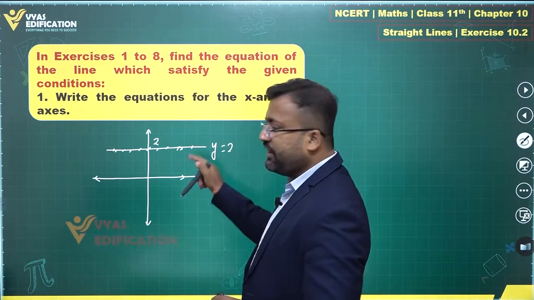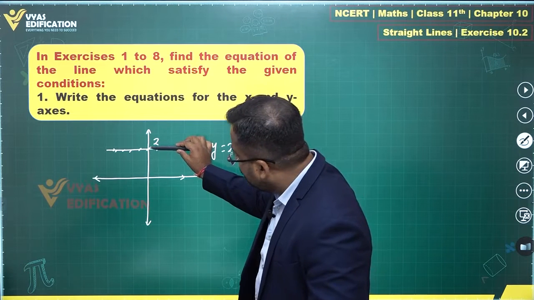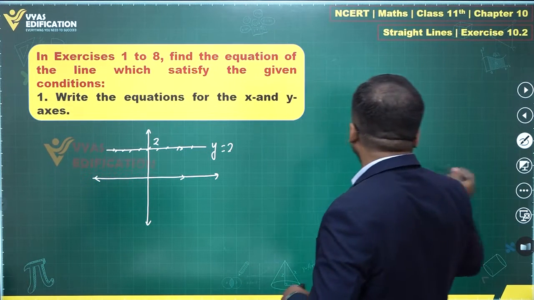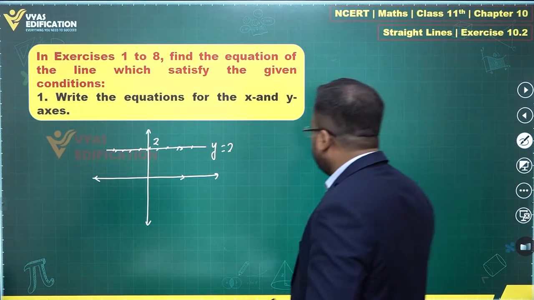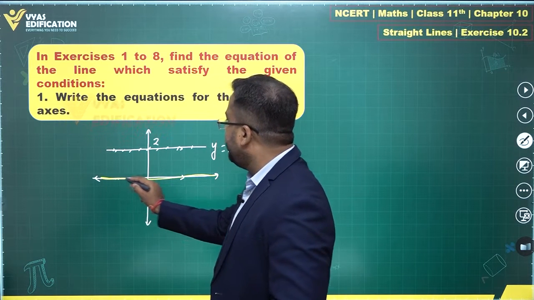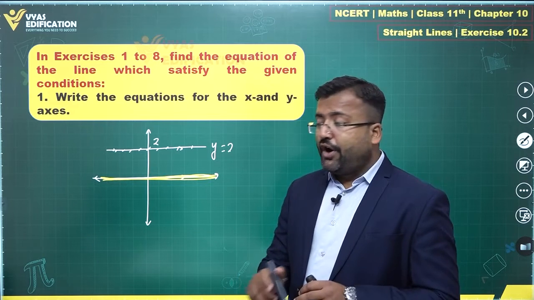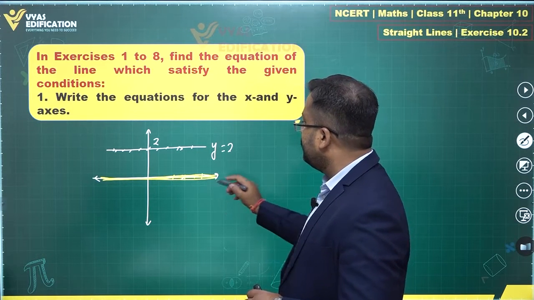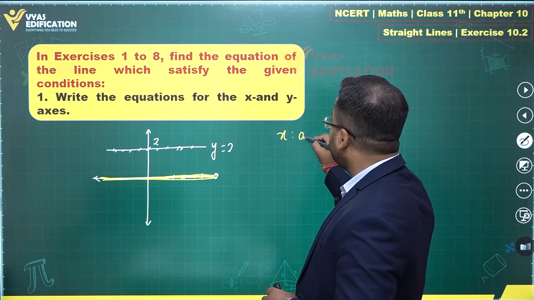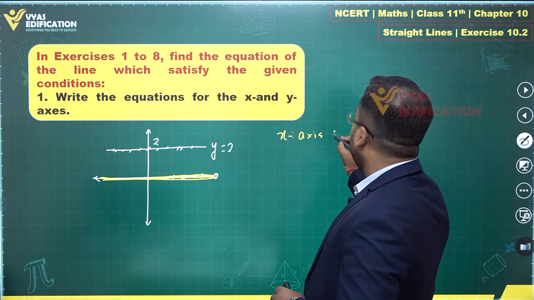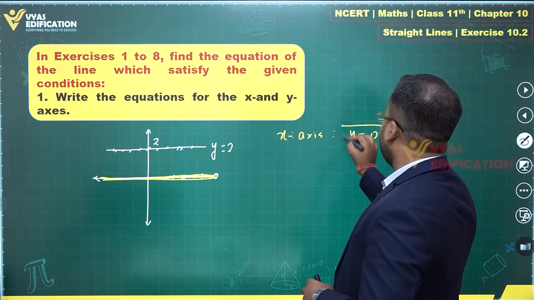Now this is this particular line. But if this 2 becomes 0, that is if you talk about the x axis, for the x axis, all points will have y coordinate 0. So equation of x axis will be y equals 0.